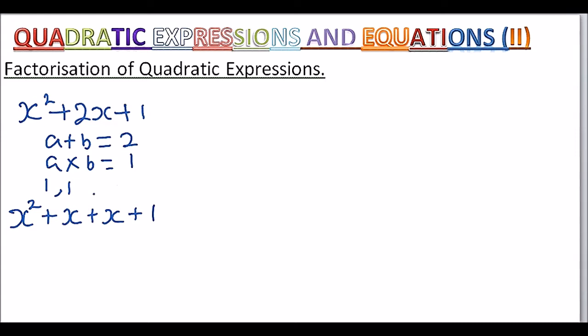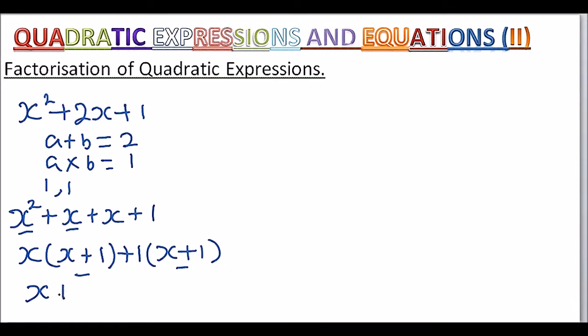So we can now factorize our quadratic expression. Here we factor out x. We will be left with x plus 1. Here we factor out 1, so you have plus 1 into bracket x plus 1. So this is common, so we factor that out, we get x plus 1 into bracket.